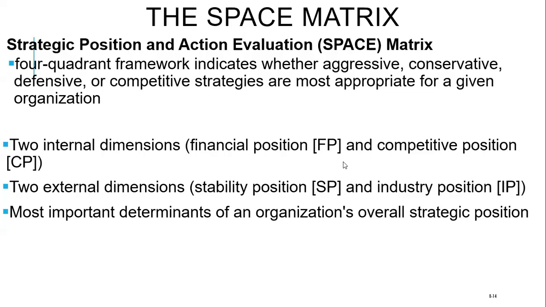So the SPACE matrix is normally plotted on the X and Y graph, or what has now become known as Cartesian plane, which means you will have, let me bring out my pen. Say X and Y, something like this.